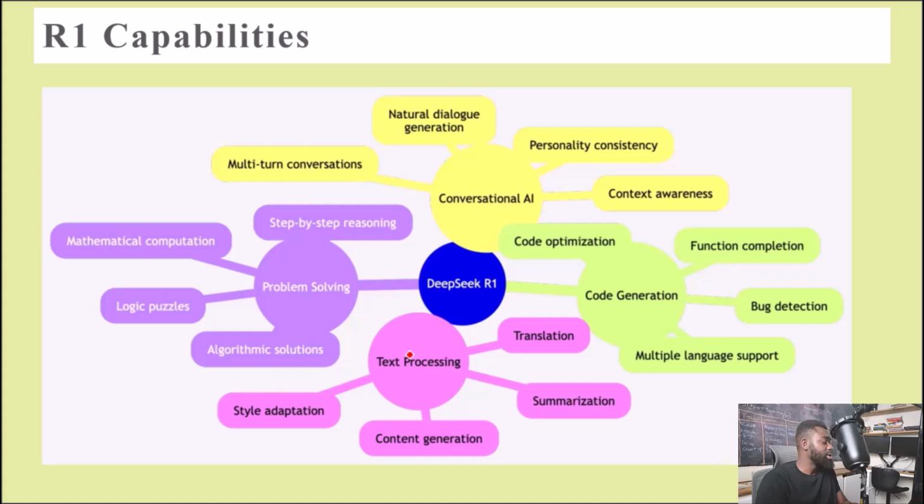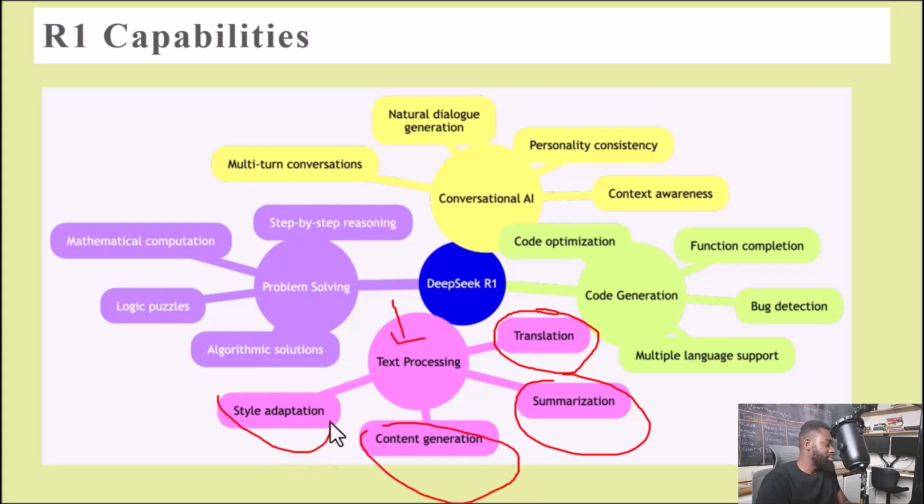As you can see, it's able to do some text processing: translation, summarization, content generation, and style adaptation. When we come to problem solving, it's able to do algorithmic solutions, logical puzzles, mathematical computation, and step-by-step reasoning.